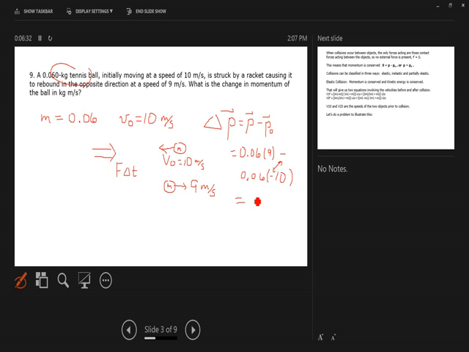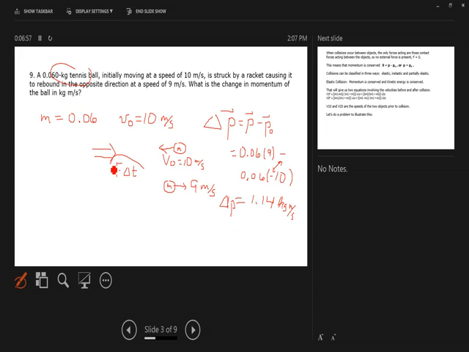So we get a change in momentum of what, 1.14 kilograms times meters over seconds. That's our delta P. So what is the impulse in this case?